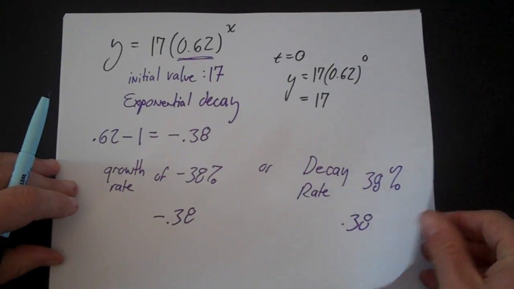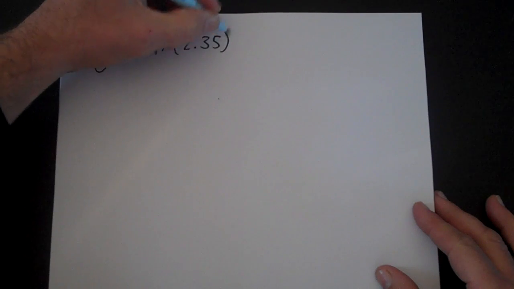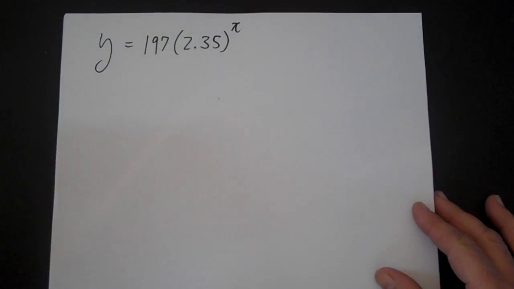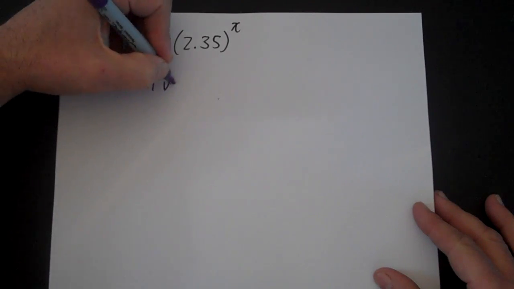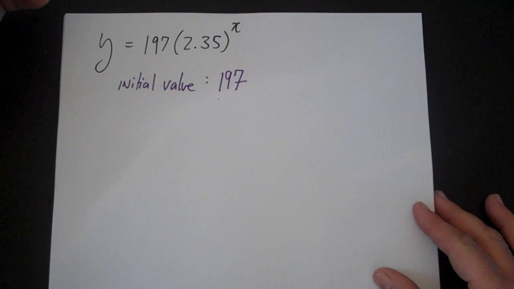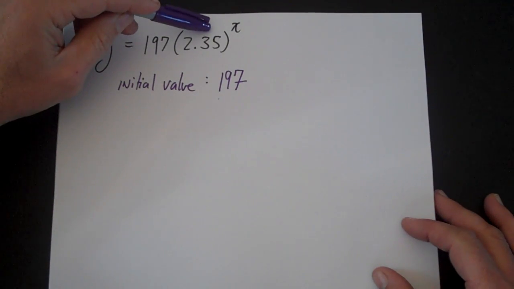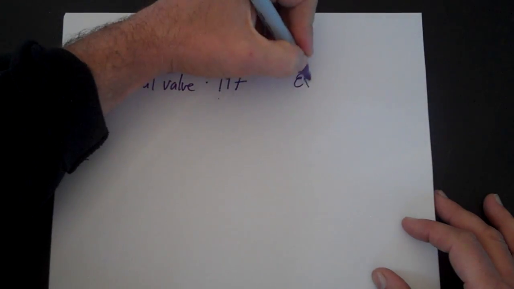Let's do one more quick example. You have y is equal to 197 times 2.35 to the x. The initial value, 197. Growth or decay? Well, is 2.35 greater than 1? It is, so it's exponential growth.